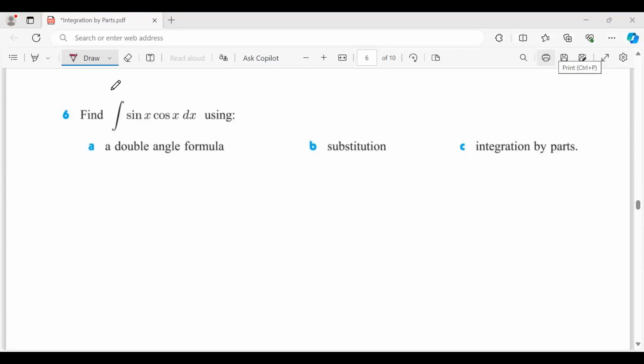Number 6, find integral sine x cosine x dx using the double angle formula, substitution, and integration by parts. A, by double angle formula.